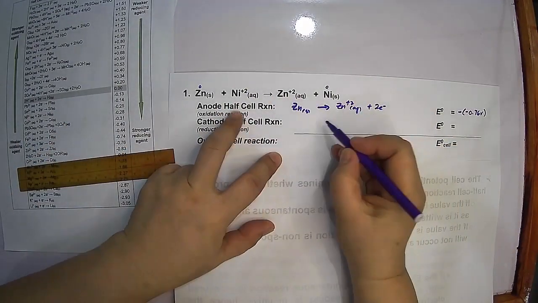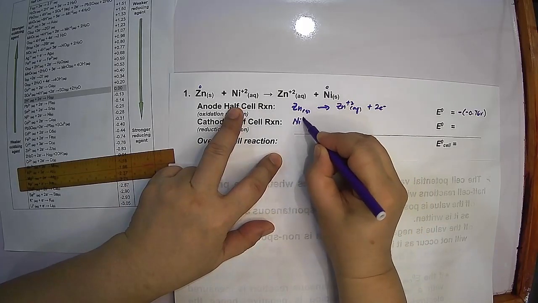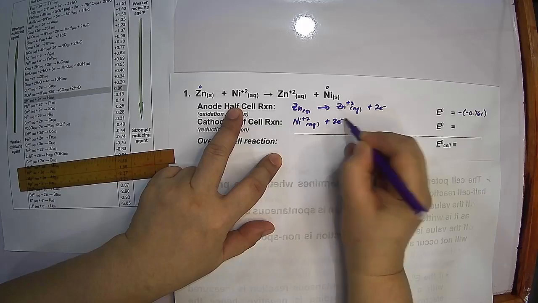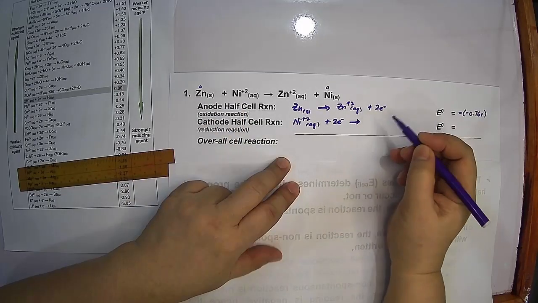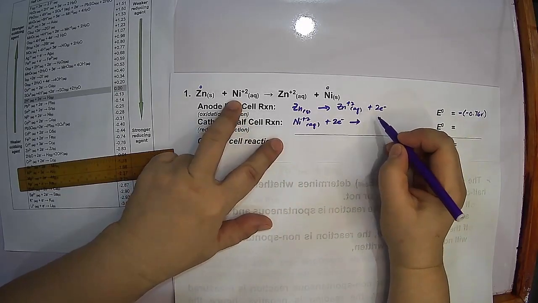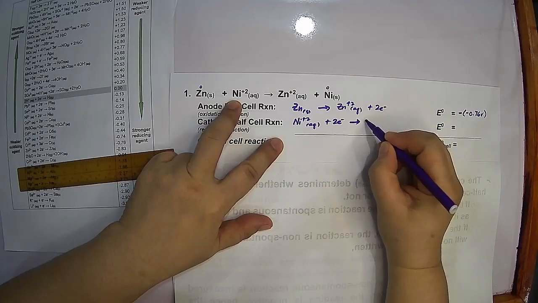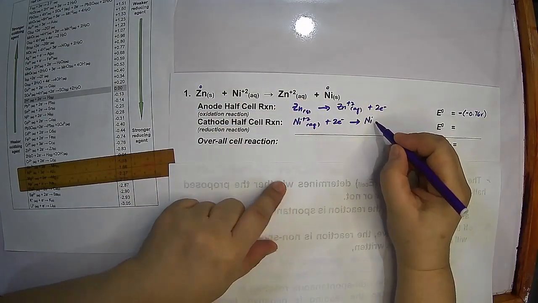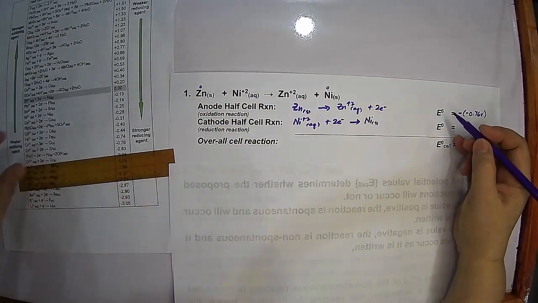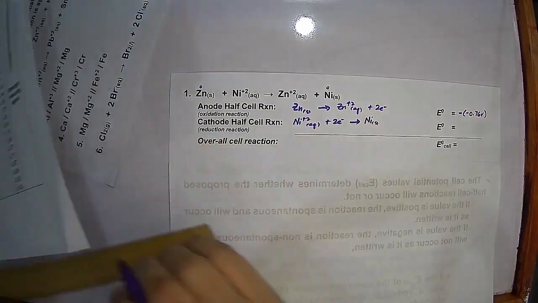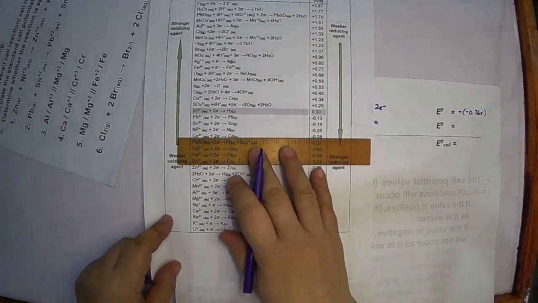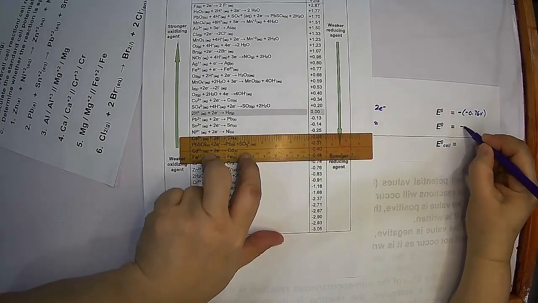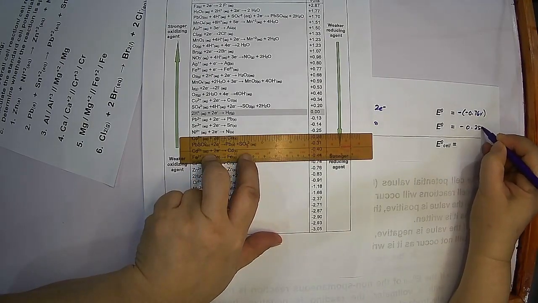For the cathode, we have the nickel plus 2 electrons undergoing reduction from positive 2 to 0. And from your table, nickel undergoing reduction is negative 0.25 volts.